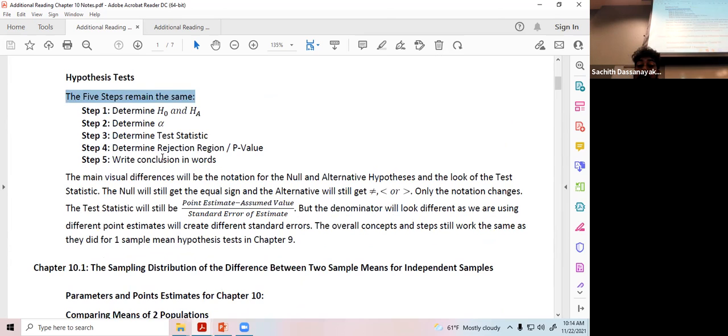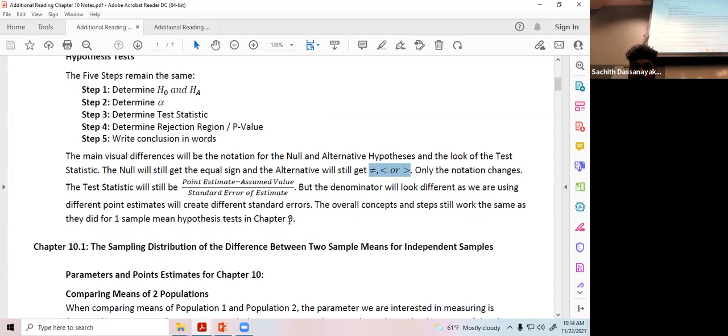The only difference is you should know what H naught and HA are based on your chapter 10, and also your test statistic. Those are the main differences. We have these three cases for the hypothesis testing.